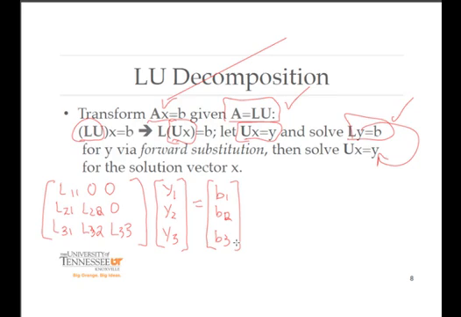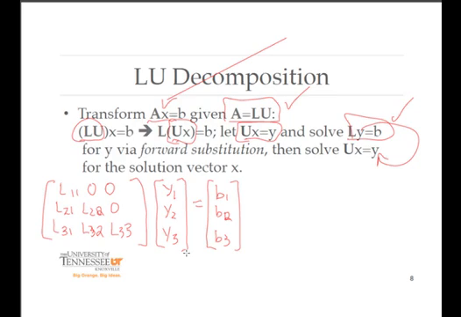But here's the deal. The special form of that lower triangular matrix, if you go back and think about how matrix vector multiplication works from your linear algebra class, we would take the inner product of the first row and the solution vector y and set that equal to b1.